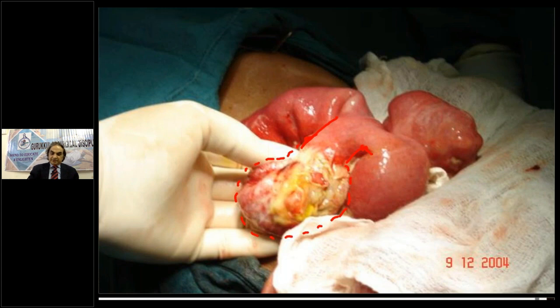This is it. So it is going to be filled with blood. So when you put in a scope, or if you do the mesenteric angiography, you can see the blood is pooling in here. That's one way to diagnose it.